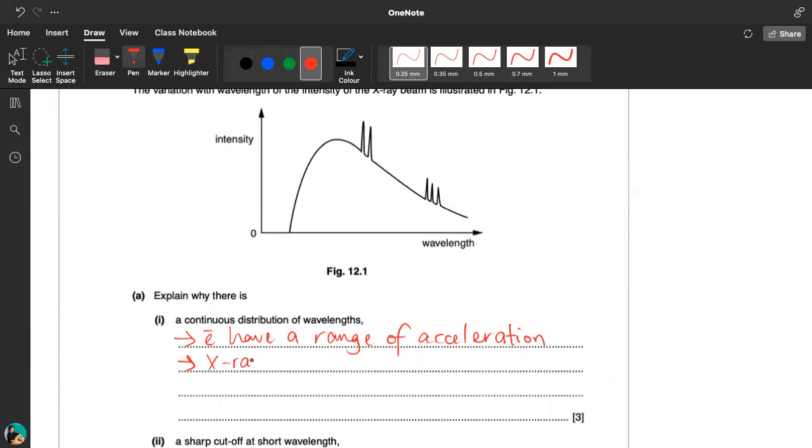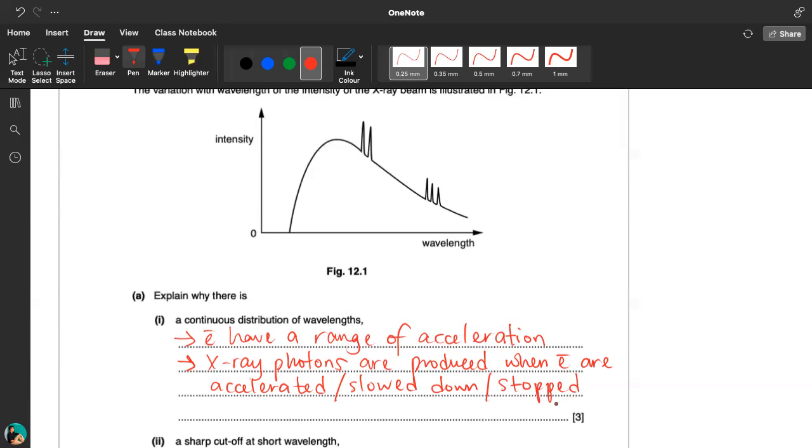So X-ray photons are produced when the electrons are slowed down.